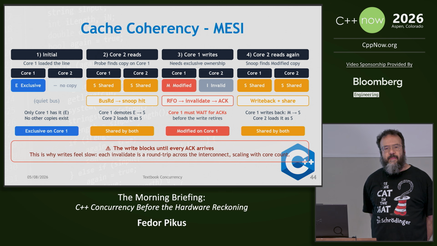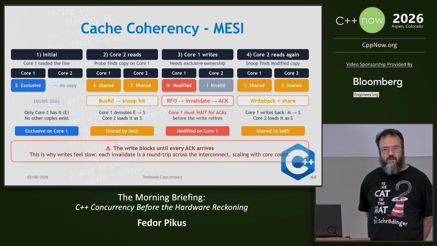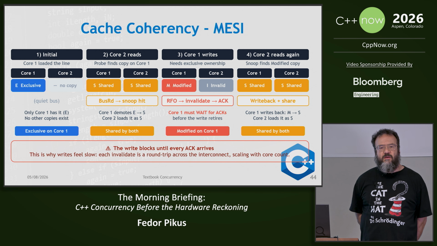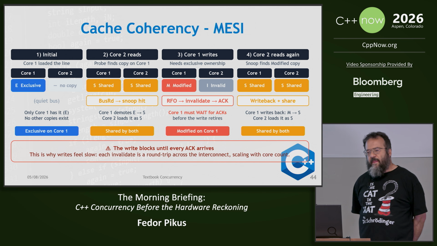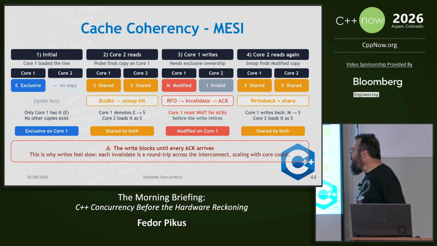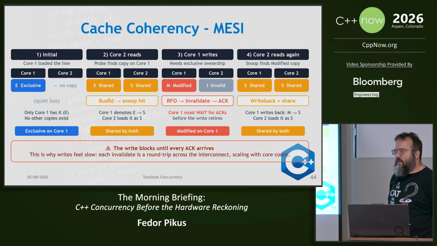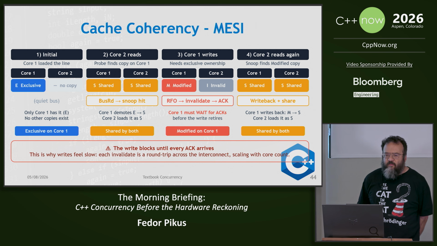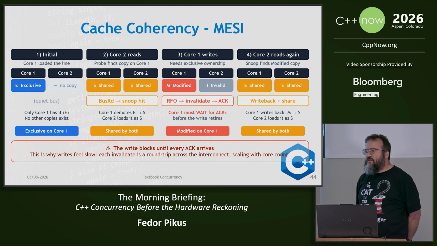So main memory has the updated value, and then when the other core asks for the cache block, does it get it from main memory or from the core? Both are correct.